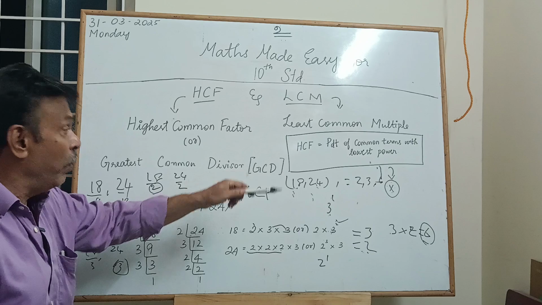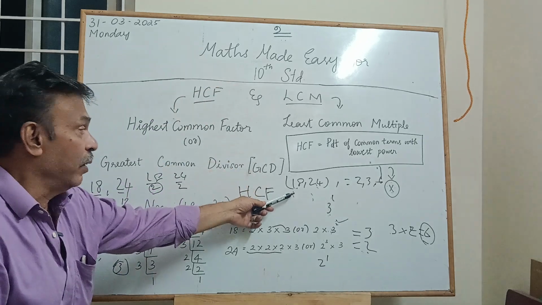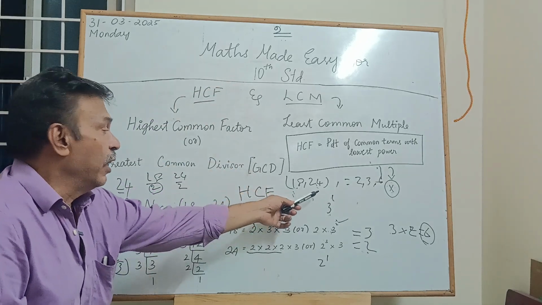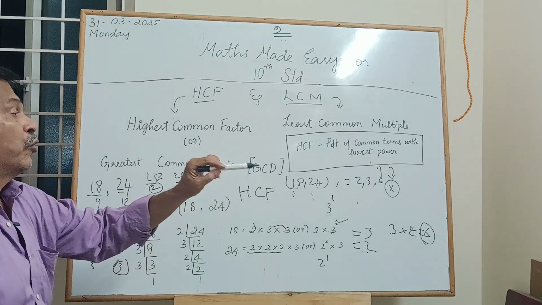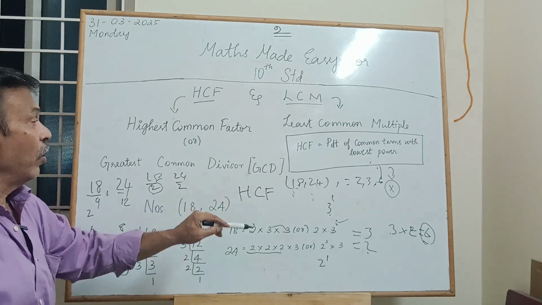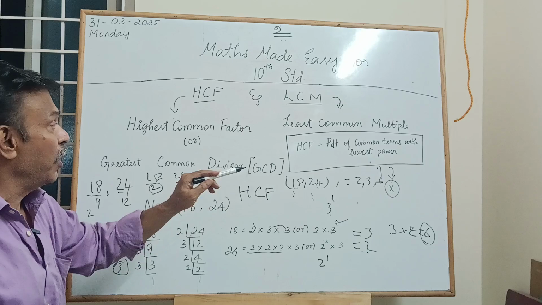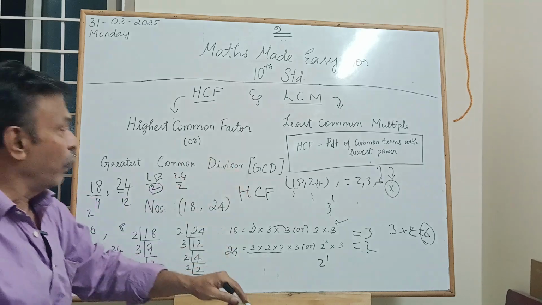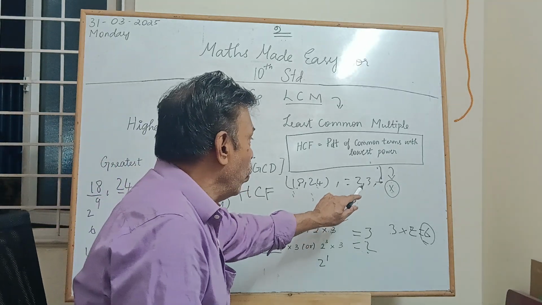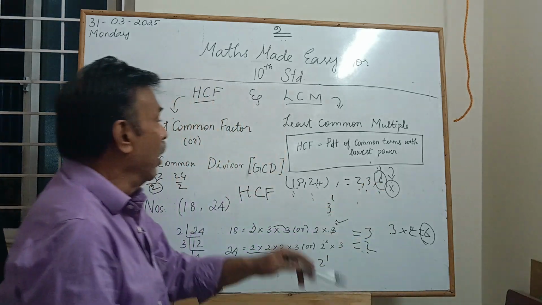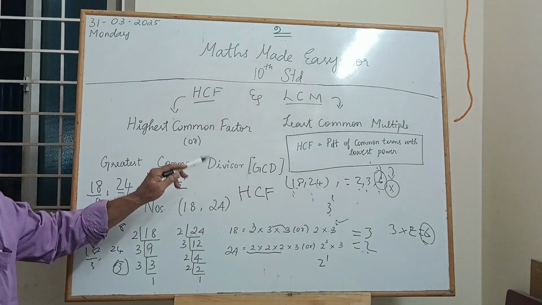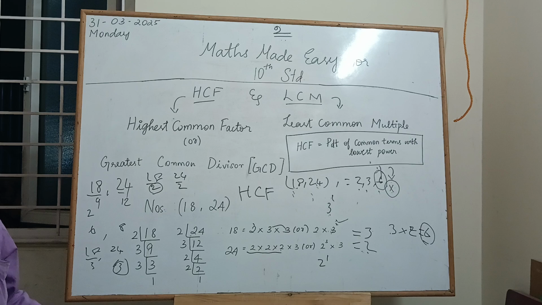And there is no number more than 6 that divides these two numbers with the remainder 0. Among 2, 3 and 6, 6 is the highest common factor. Now you know the meaning of highest common factor.